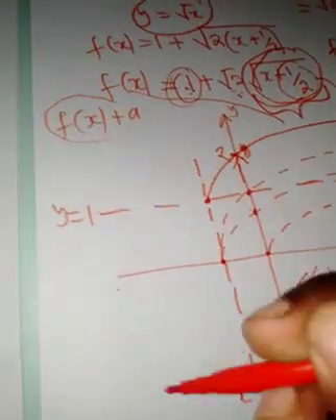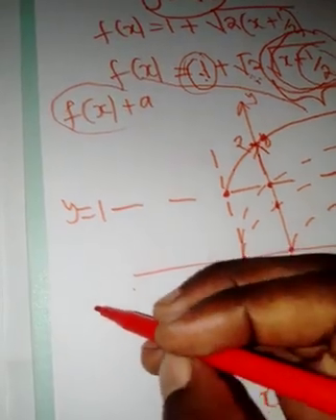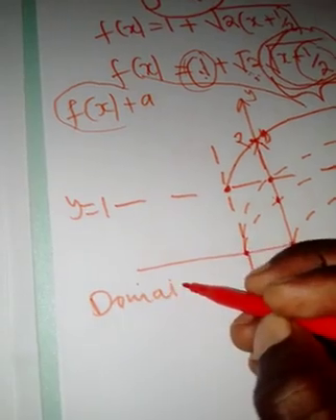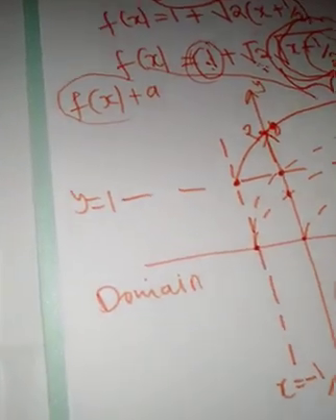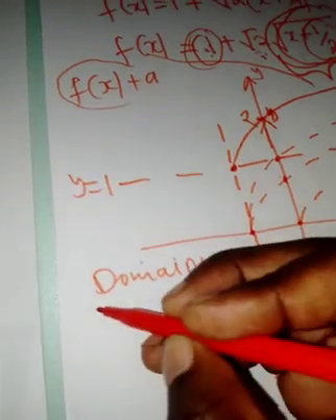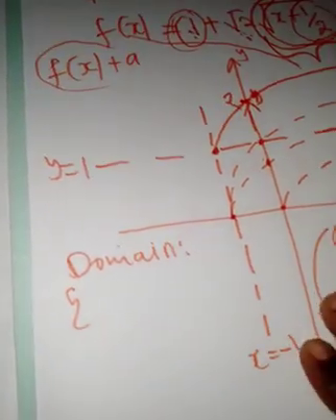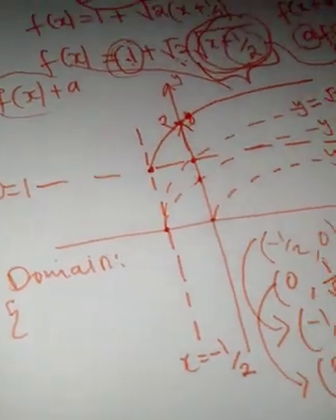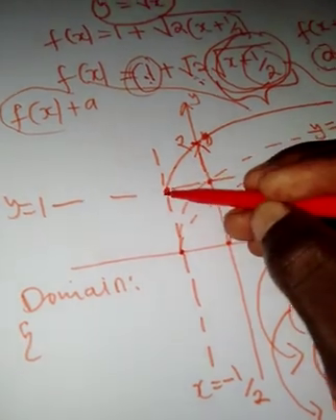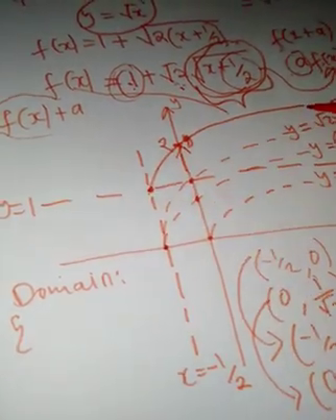Then let's state the domain and range. Whenever you hear domain, they are simply talking about the interval for x values, or simply the x values. You can write that in set builder notation. Let's take the starting point of our graph, going to the right, like that.